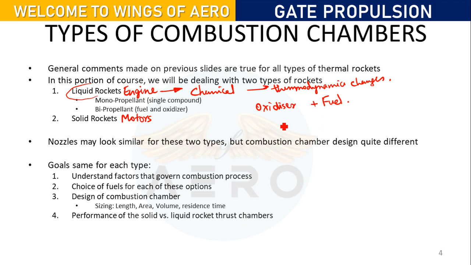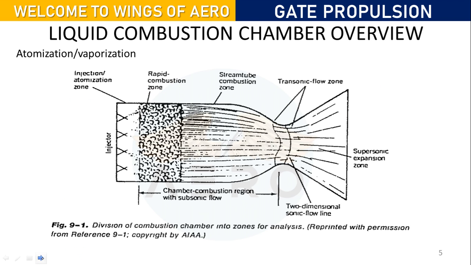Most of the oxidizers, as we have seen last class, are liquid oxygen or nitric acid, and the fuel may be liquid hydrogen and so on. So there are various forms of liquid rocket engine.